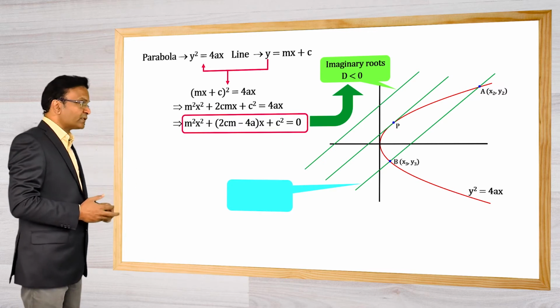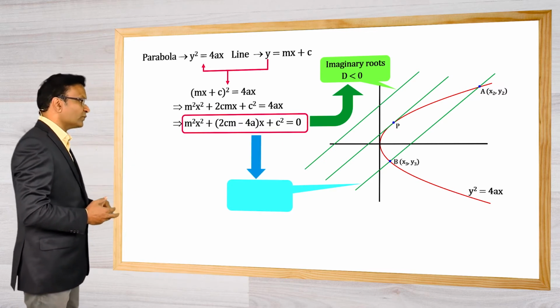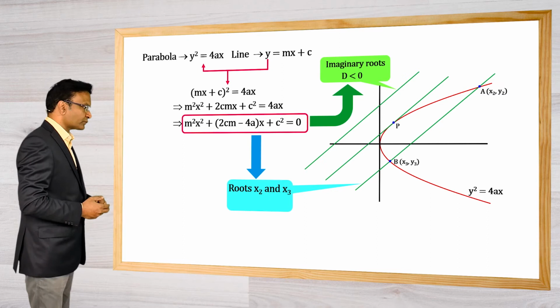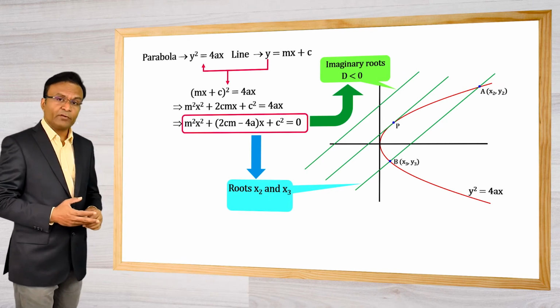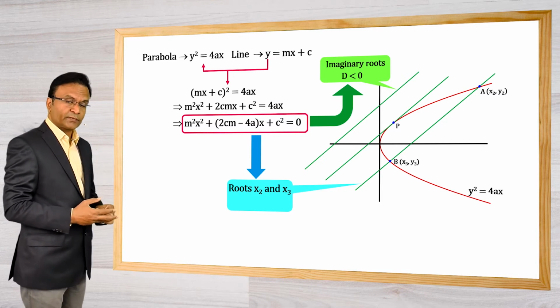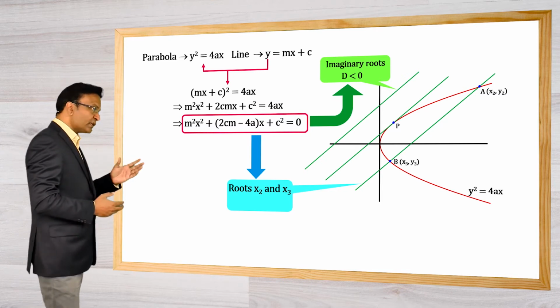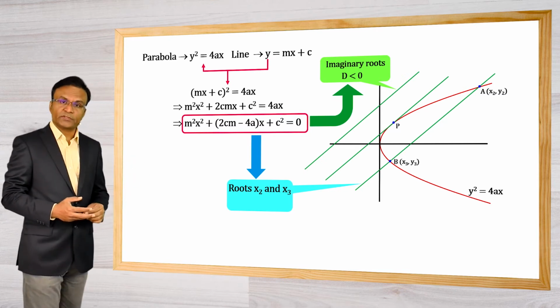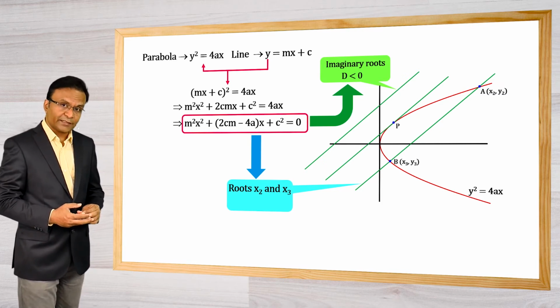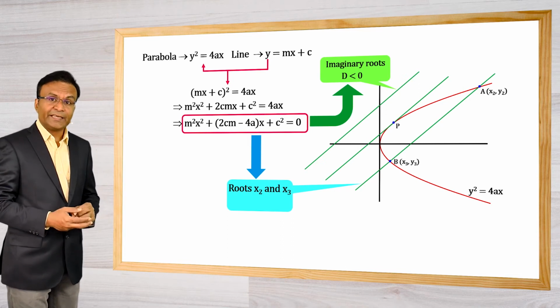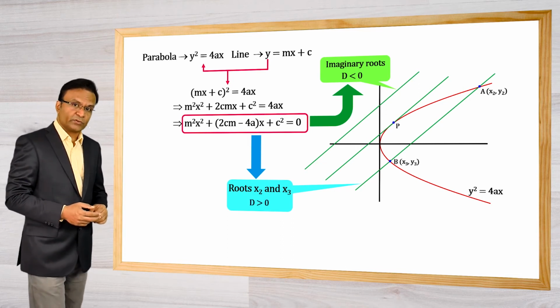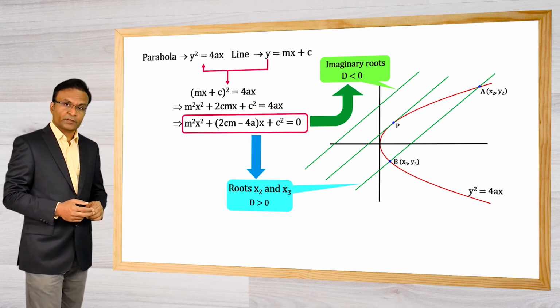Here x2 and x3 are roots of this quadratic equation for which line and parabola have common points. Since this equation has two distinct roots x2 and x3, for this case condition is D is greater than 0.